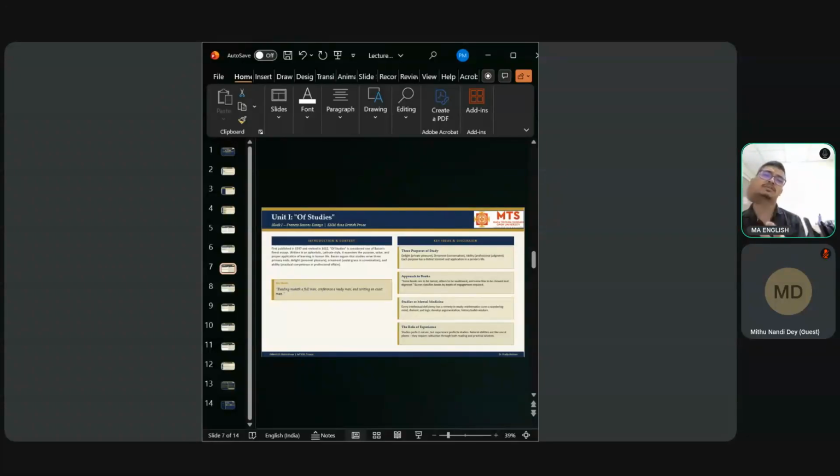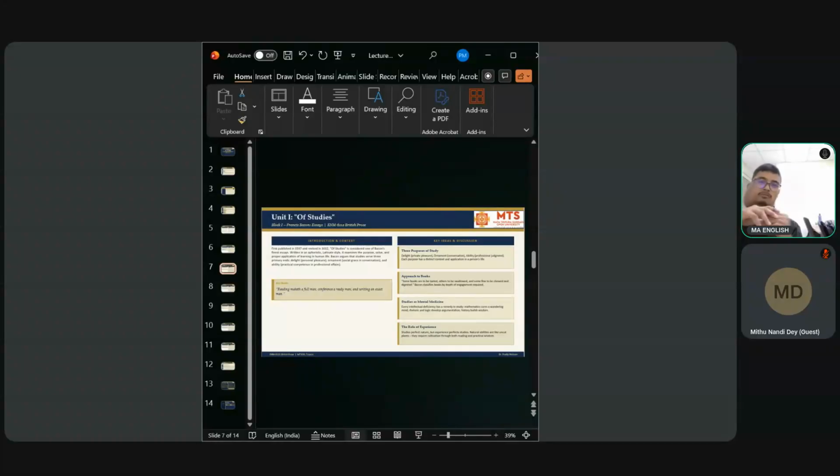Okay, so the writing style. The writing style of "Of Studies" is aphoristic. So this is a very important term, an aphorism. How to say in simple English, it is a short, memorable statement that contains a general truth.